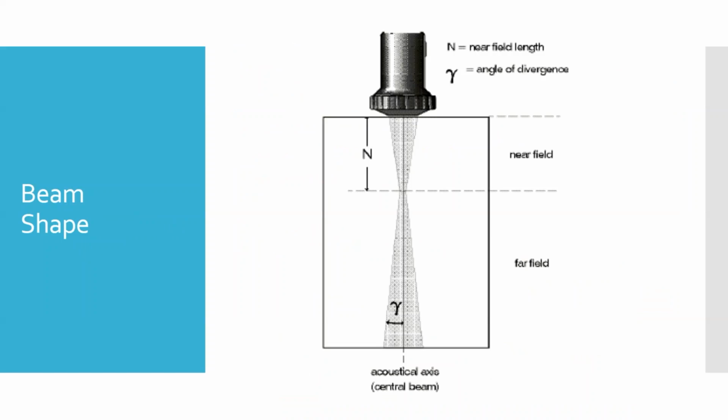Whereas if we can keep our beam fairly narrow, if we can keep that angle of divergence as narrow as possible, we can get a more accurate picture. It also means we're concentrating the energy so we can get a better view directly below our probe as well.